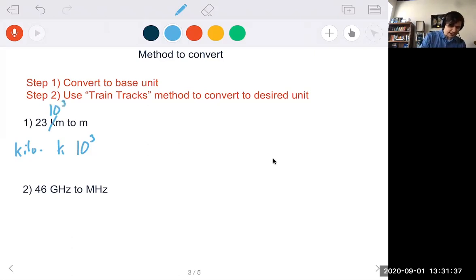So what do I have now? I have 23 times 10 to the third. Let's write that in proper scientific notation. So I'd have to move this decimal point over 1.